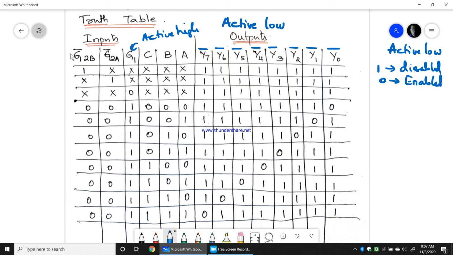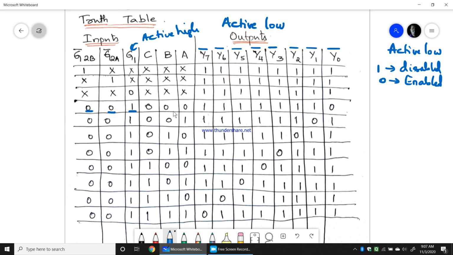So all 3 enables need to be enabled. We should see that 0, 0, 1 is given: 0, 0 for the active low enable inputs and 1 for the active high input. Therefore, that 0, 0, 1 makes these 3 enable pins activated. Once they are enabled, then the decoder will consider the inputs.